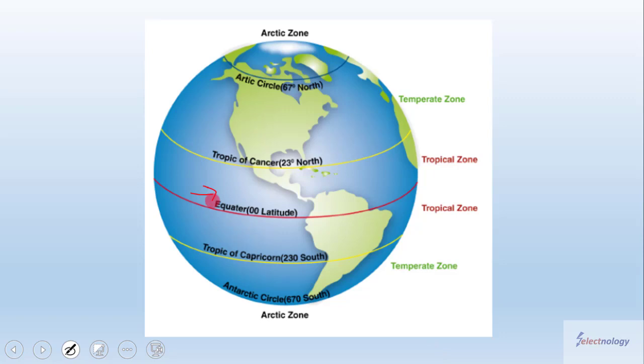Similarly, on the northern side, 23 degrees north of the equator, the line is called the Tropic of Cancer, and on the south side, 23 degrees south of the equator, the line is called the Tropic of Capricorn.